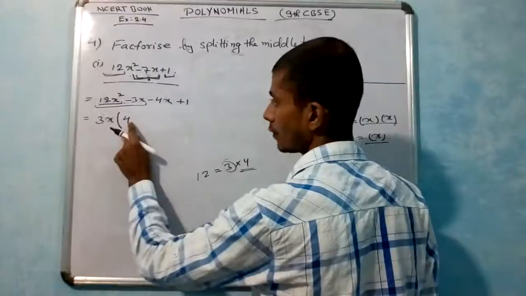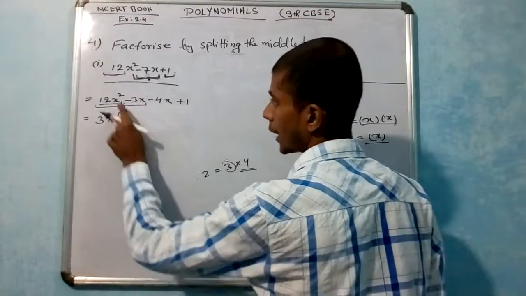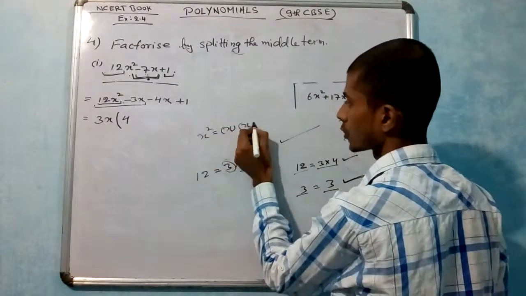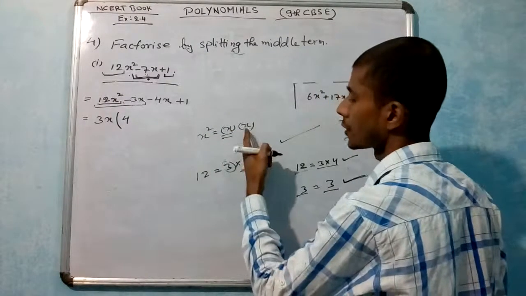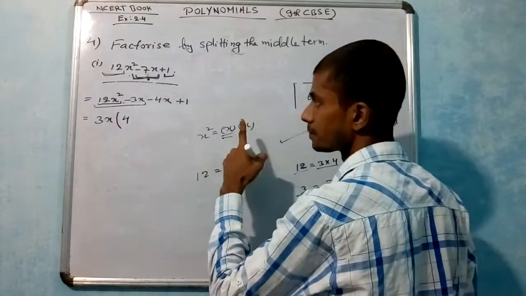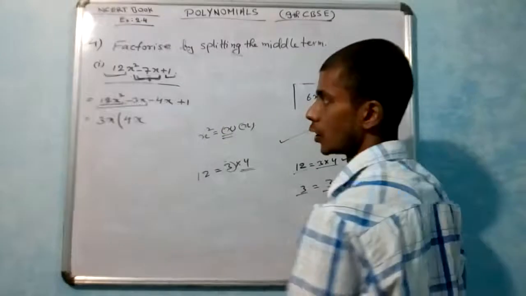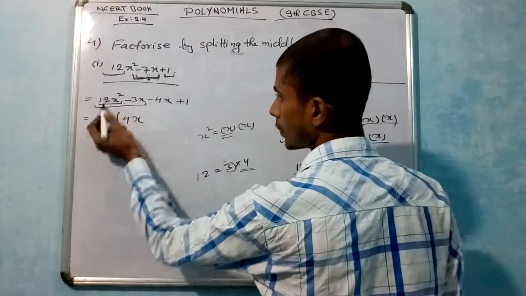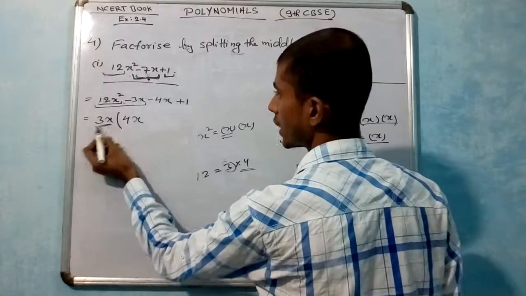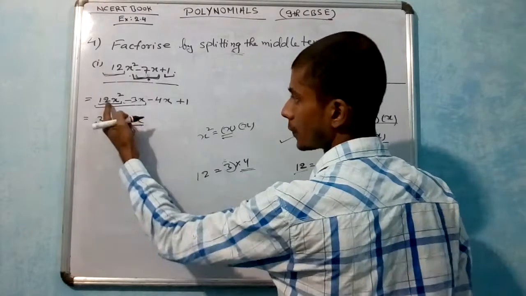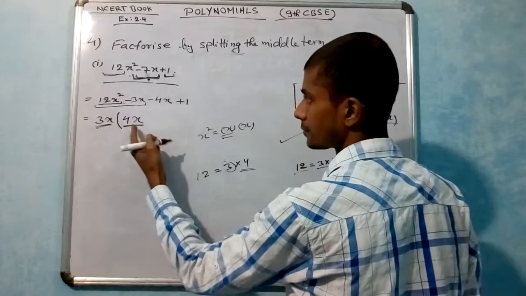And from the x square, which was x into x, 1x was taken outside, so what is left now? 1x. So from the 12x square, when the common term 3x is taken out, in the first term we are left with 4x.